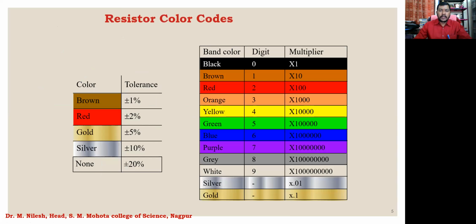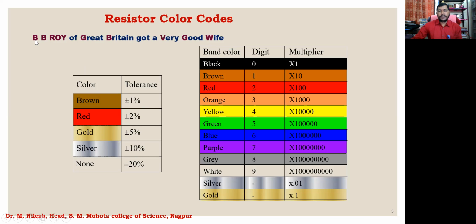So let us calculate. To calculate the resistor color codes, we have this formula that we call BB Roy of Great Britain got a very good wife, right? The first block letters are BB ROY, G for Great, B for Britain, V for very, G for good, and W for wife.